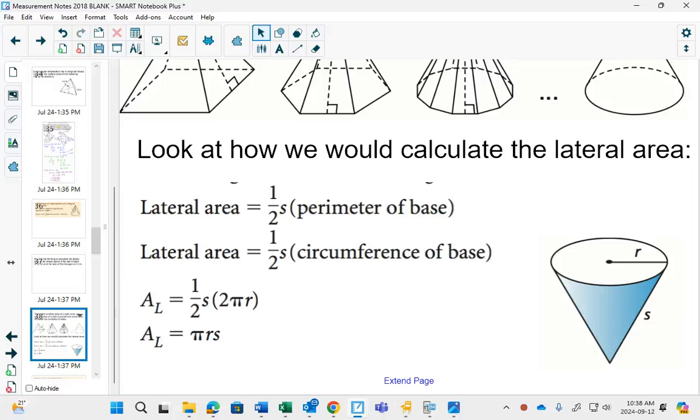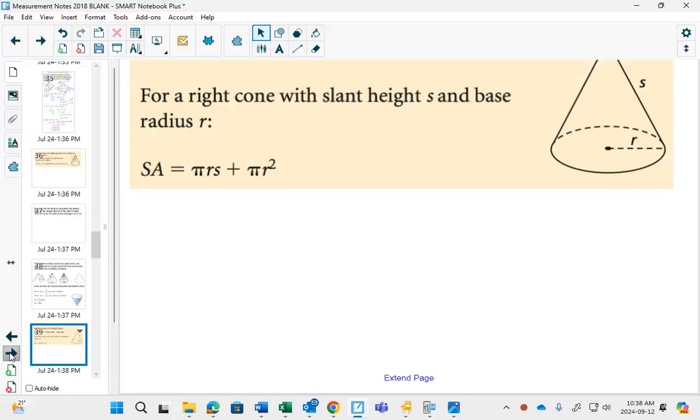So we just have S times pi r, and we write it as pi r s. You have your radius, your slant height, times by pi. And the whole surface area of a cone also then adds the circle that's the base.